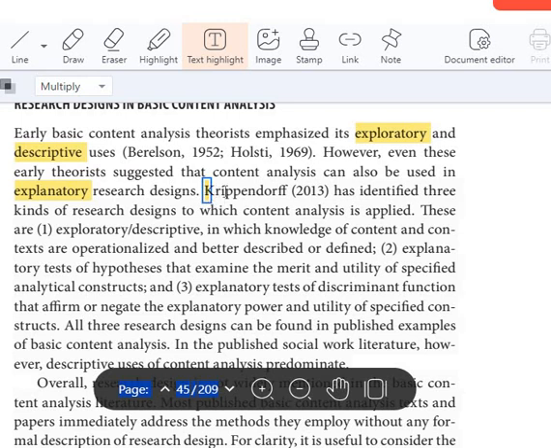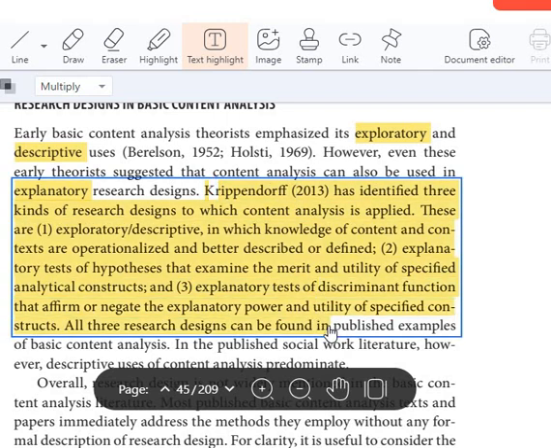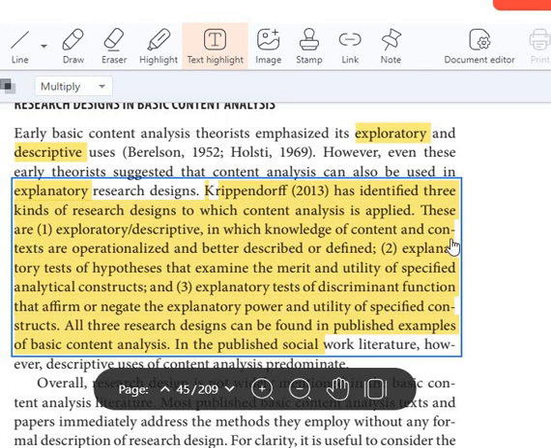Okay, the 3 research designs here. The first one is the exploratory and descriptive, where the knowledge of content and contexts are operationalized and better described or defined. The second one is the explanatory tests of hypotheses that examine the merit and utility of specified analytical constructs.